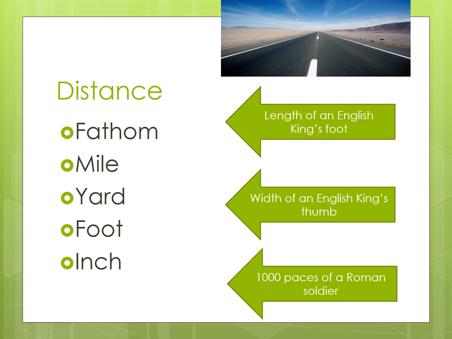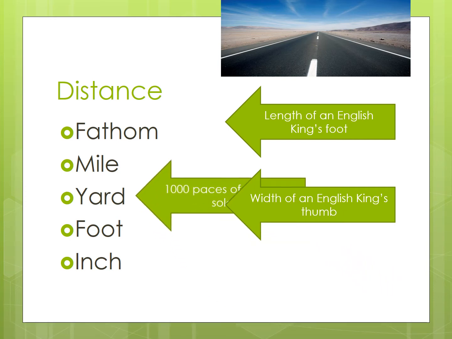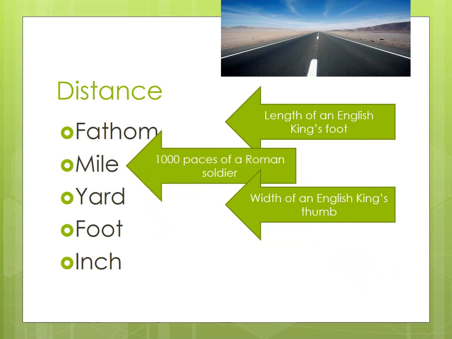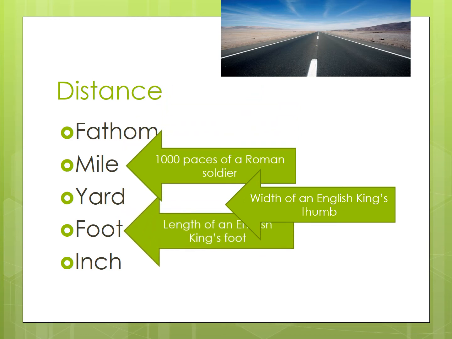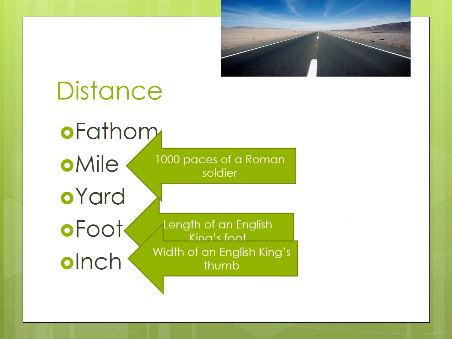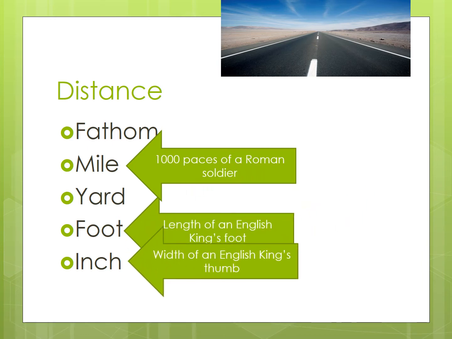For example, a mile was 1,000 paces a Roman soldier could do. The length of a king's foot was the foot, and the width of the king's thumb was an inch. So those are measurements that are basically arbitrary.